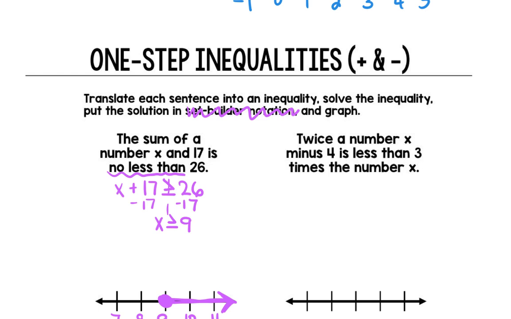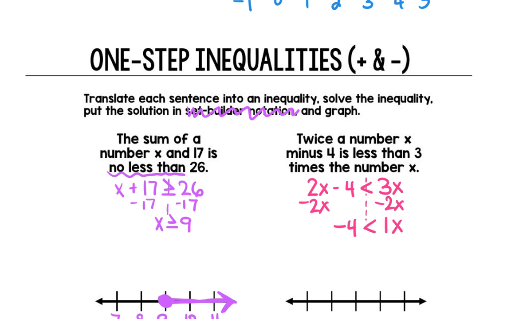Twice a number x minus 4 is less than 3 times the number. So from here we have 2x minus 4 is less than 3x. To solve this, we have a variable on both sides, so we need to move the variable all to one side. That's going to give me negative 4 is less than 1x.